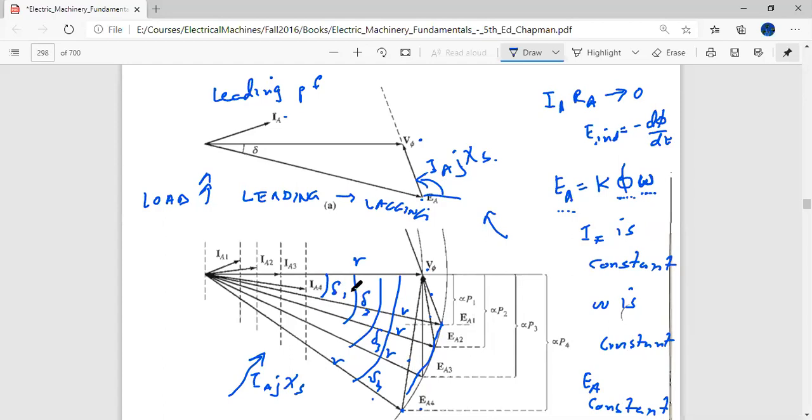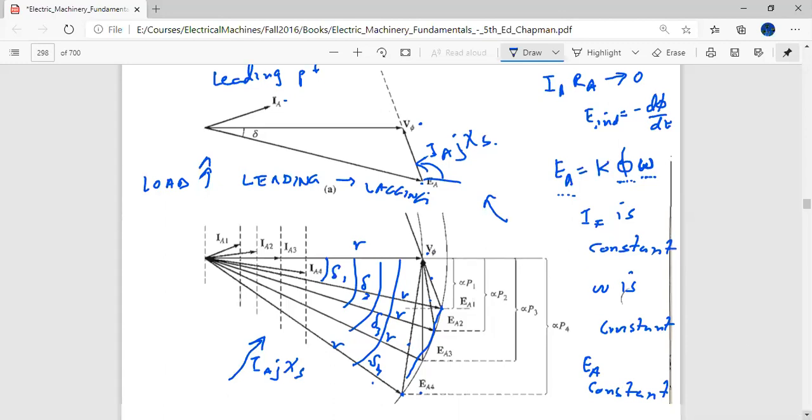But the torque angle increases, and the torque angle is the angle between the terminal voltage V phi and the armature induced voltage EA. So as the torque angle increases, EA will swing down, but with a constant radius. The magnitude doesn't change, the radius stays the same. And finally, we see the effect that the motor changes from the leading power factor to the lagging power factor.